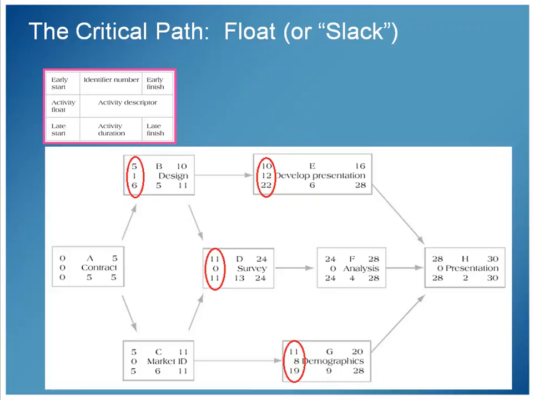And I've circled 4 examples here to look at. In node B, early start is 5, late start is 6. The slack is the difference between those of 1. In node E, 22 and 10, the difference between those, the slack, the float, is 12. 11 and 11, when you have the same early start as you have the late start, and you always will have some of these, then the slack is going to be 0. 11 and 19, the difference is 8.